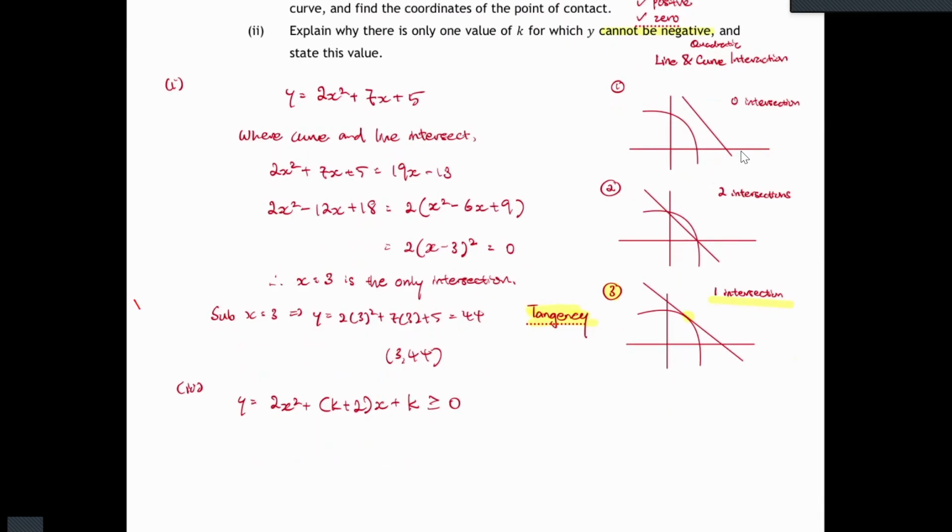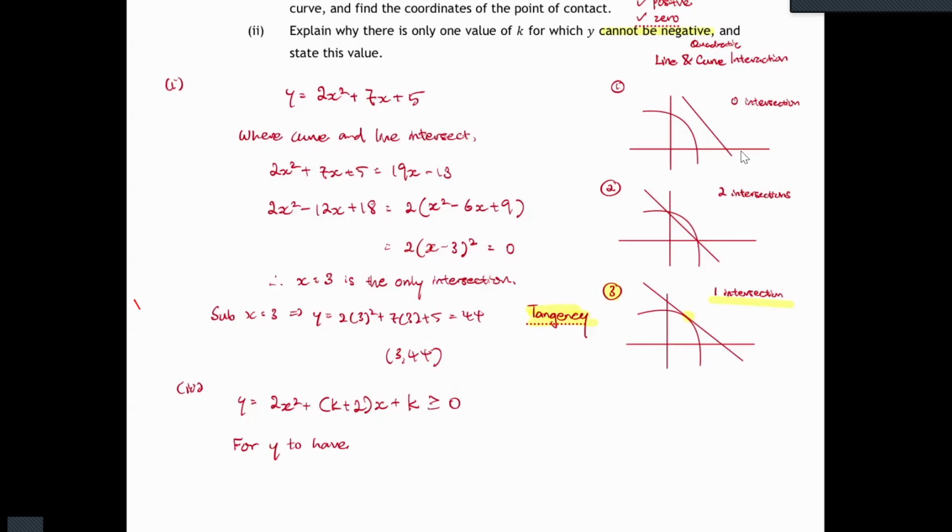And so we say for y to have one or no real roots, because y cannot be negative. So y is strictly positive means no real roots. And equals to 0 means maybe have 1 or 2 real roots because it's a quadratic.